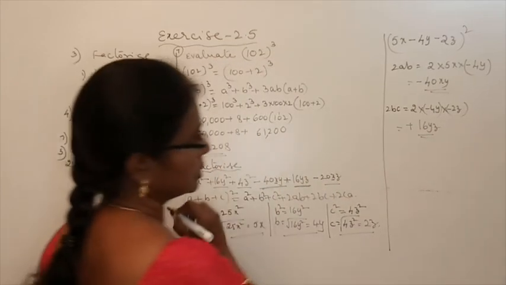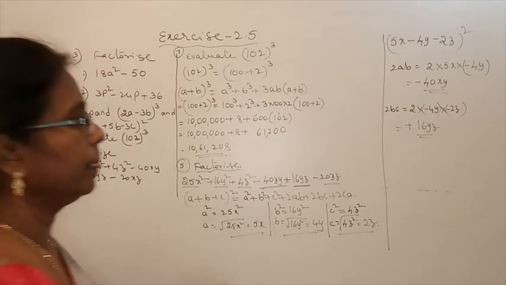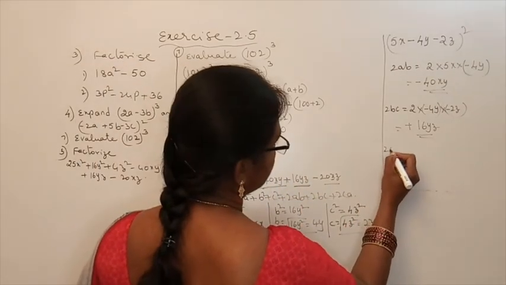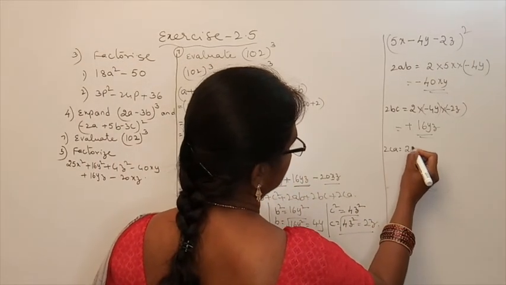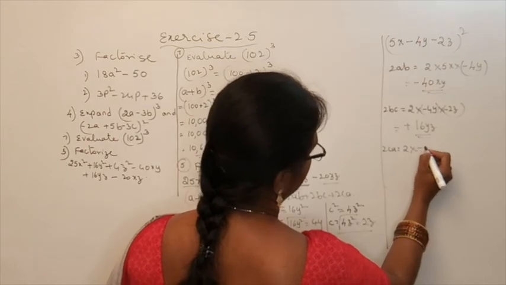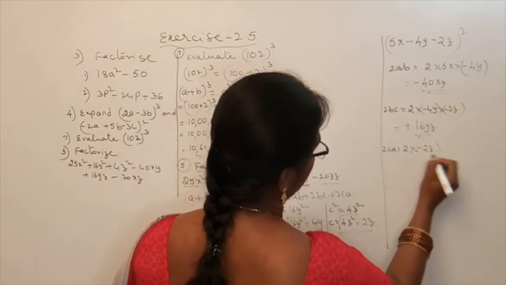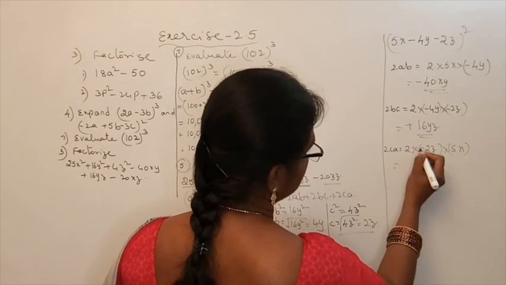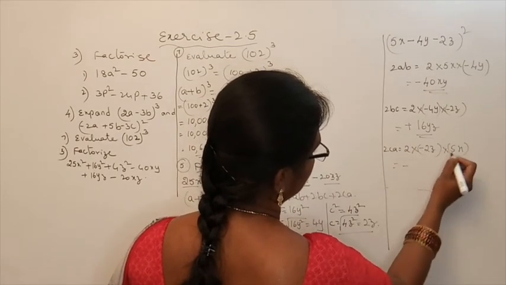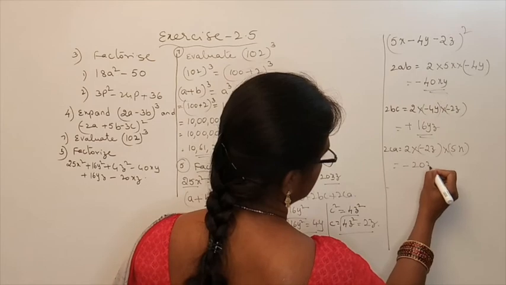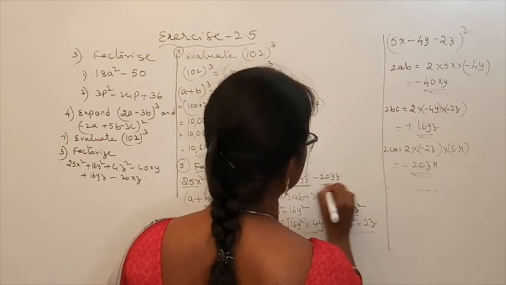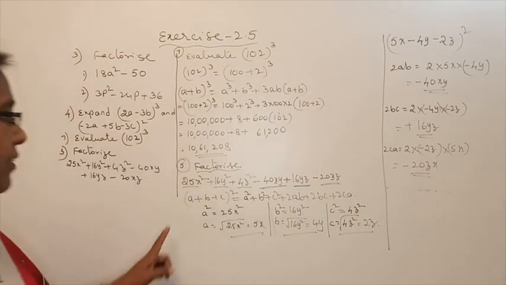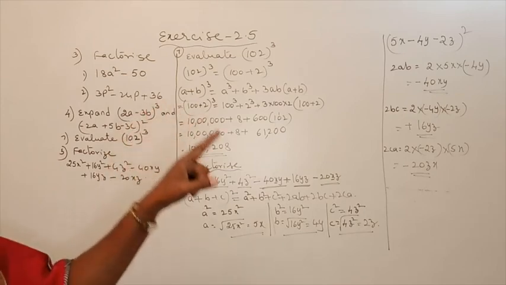We got it or not? Next, 2ca is 2 into minus 2z into 5x, minus 2 twos are 4, 4 fives are 20zx. We got it?